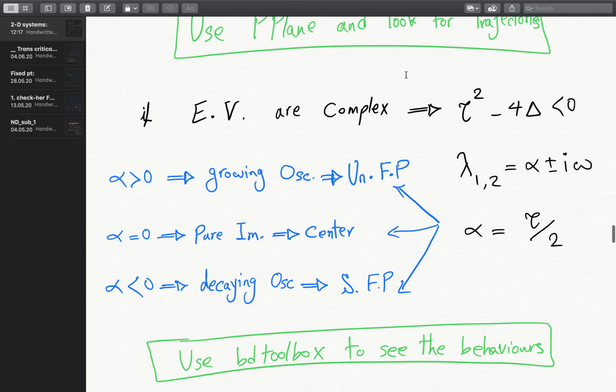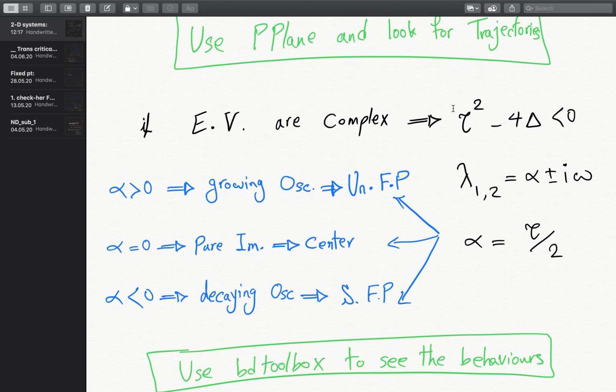The solution which is coming from those, you have a second order equation, like lambda squared plus a constant times lambda plus another constant equal to 0. Then you can find that if the term under the square root, which is tau squared minus 4 delta, is negative, it means that under the square root it's going to be imaginary, and therefore we have complex numbers.